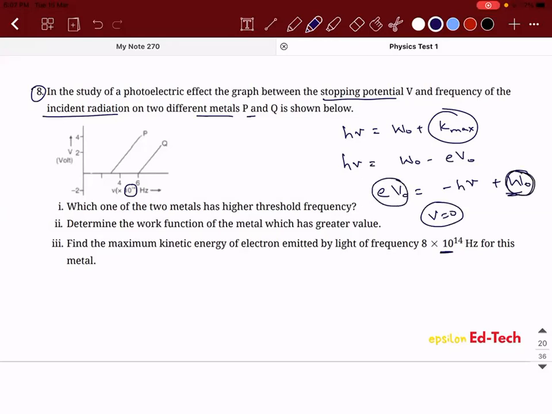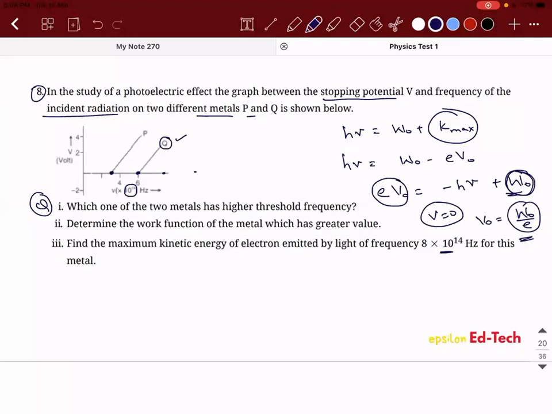EV naught will be equal to W naught. Means this will be the point where it will be W naught divided by E. So this point will decide which one has greater threshold frequency. As you keep moving away, the frequency value is going to increase. So Q is going to be the one which has greater threshold frequency. So Q is the answer.